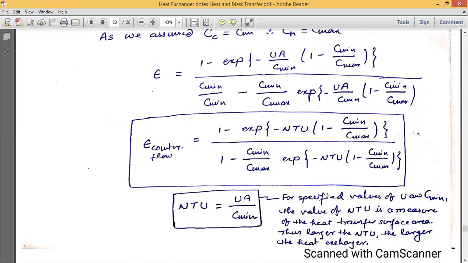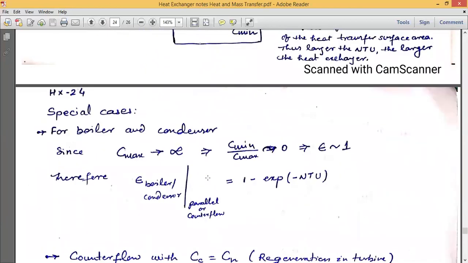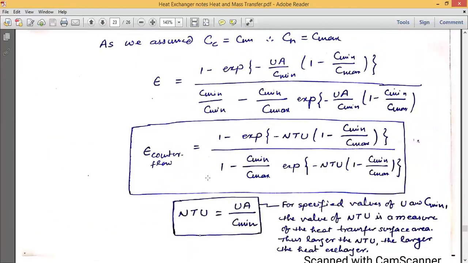Or we can say that for a specified value of U and C minimum, the value of NTU is a measure of the heat transfer surface area. The larger the NTU, the larger the heat transfer, since the heat transfer area is larger. So this is the counter flow, and we have seen the expressions for the effectiveness of the counter flow as well as the parallel flow.